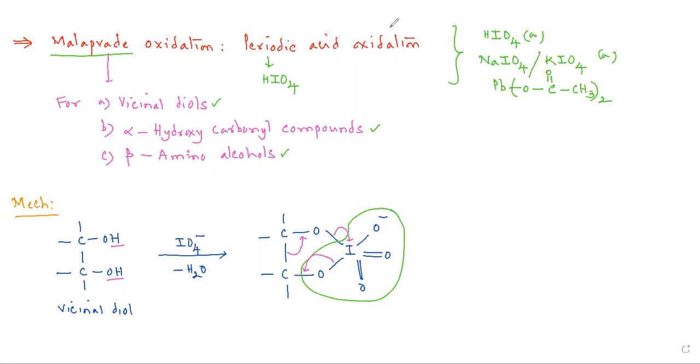So this is how you get, this is C double bond O, another C double bond O, and the thing we are left with is iodate ion. So this is periodate, and we ended up with iodate ion. One oxygen is given. Okay.